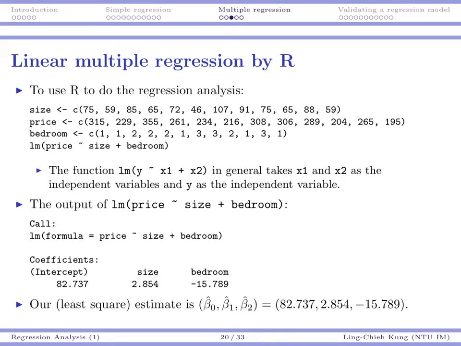If we want to calculate beta 0, beta 1, and beta 2, we still have a closed form formula. Again, we don't really care about that formula because we have R or Excel. Now we need three vectors, and when we call lm, the formula would be to use size and bedroom to predict price.